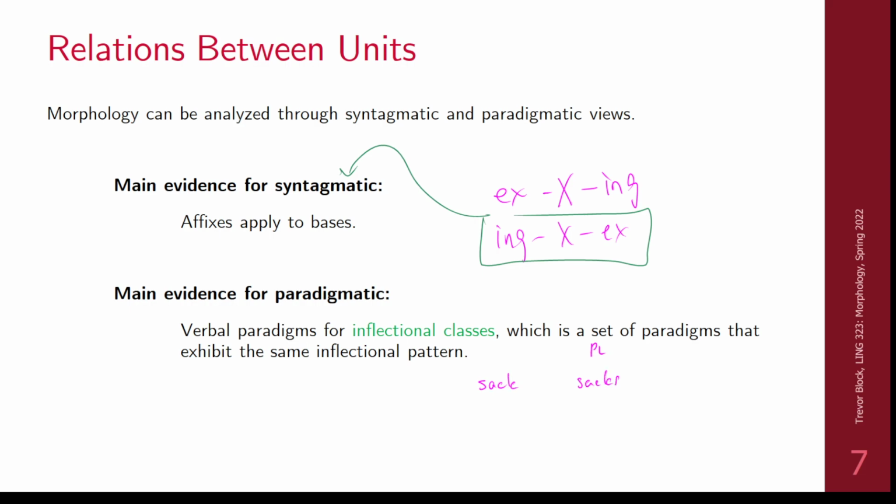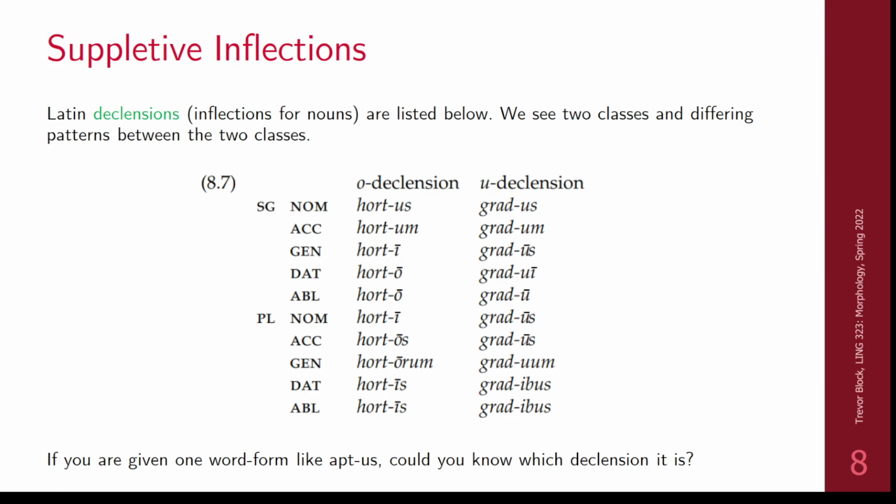So the singular and plural is a very, very small paradigm that tells us what we do. You attach S to plural nouns. Because we have inflectional classes, some of these paradigms, we know that there's some paradigmatic thing going on in morphology. So we're going to take a look at suppletive morphology, suppletive inflections, specifically declensions.